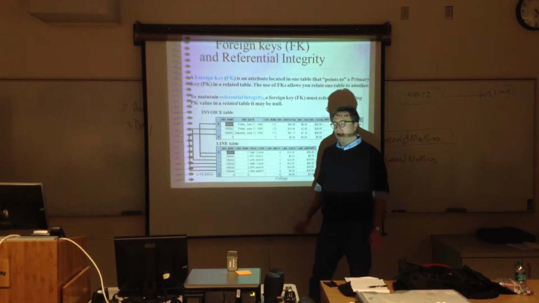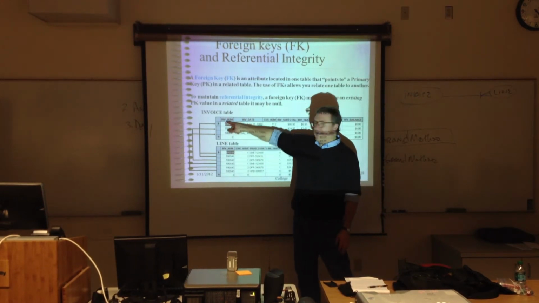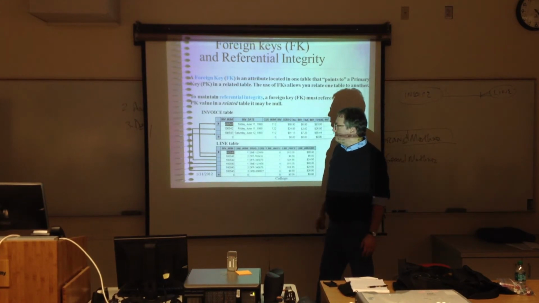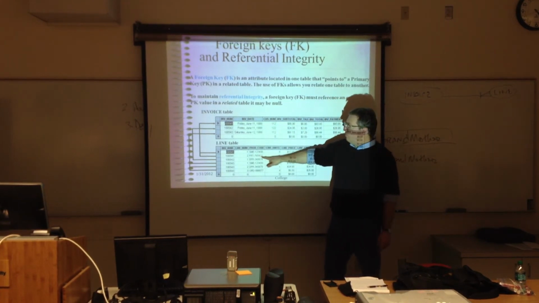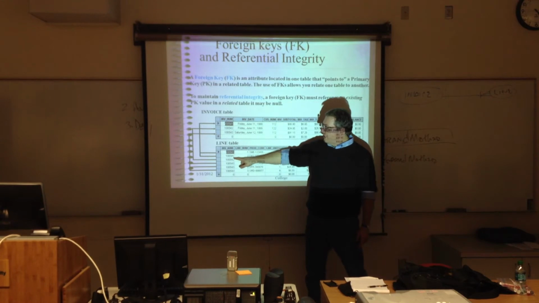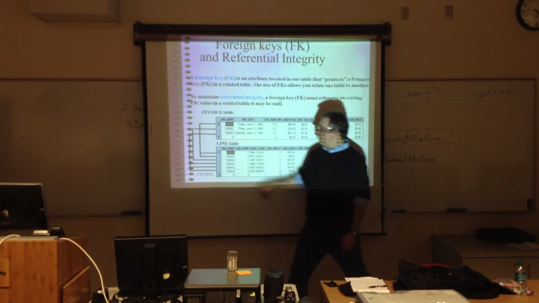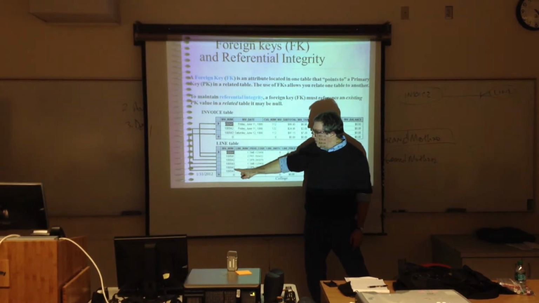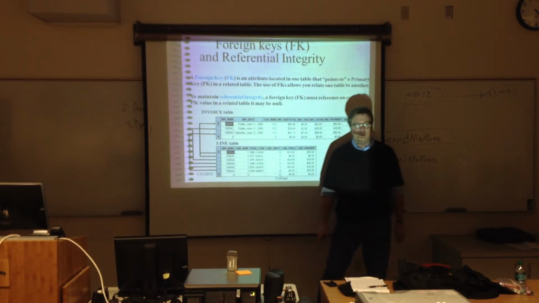It'll help your head to remember that the foreign key is the same thing as the primary key in some other table. So these two lines are in one invoice. They have the same foreign key. They point to the same invoice. Every other line in this table is, well, here's two lines that go in the same, three lines go in the same invoice. Yes, sir?